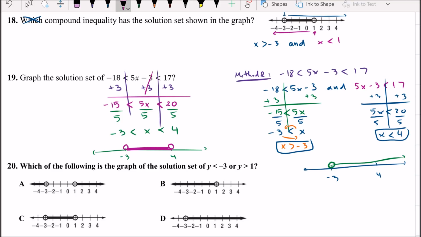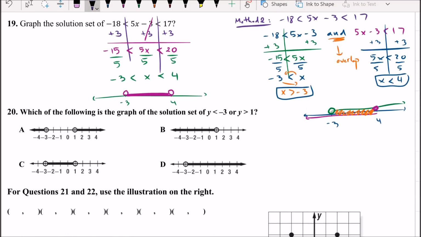And at 4, you're going to go to the left because it's less than 4, with an open circle. Since it's the AND problem, we're looking for the overlap. So the overlap is right in the middle. So that is our solution. So it's just like number 19, but a little bit more complicated.